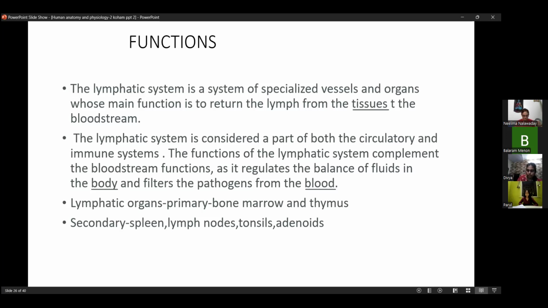Spleen also, we all know, whenever we get viral or bacterial infection, there is spleen enlargement. Splenomegaly happens. And doctors check when they palpate our abdominal area. They say that spleen is enlarged.